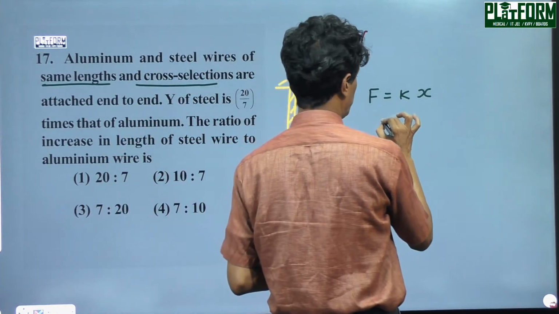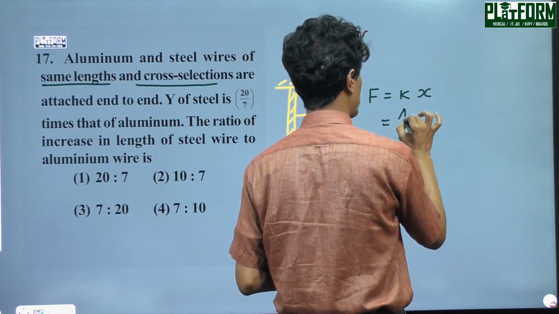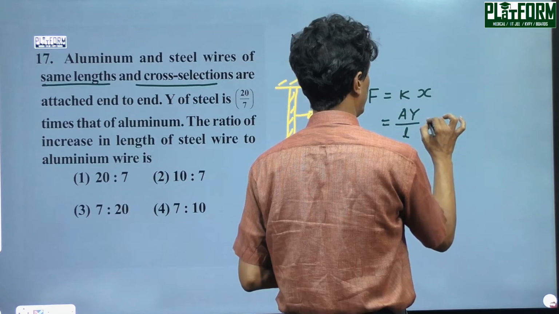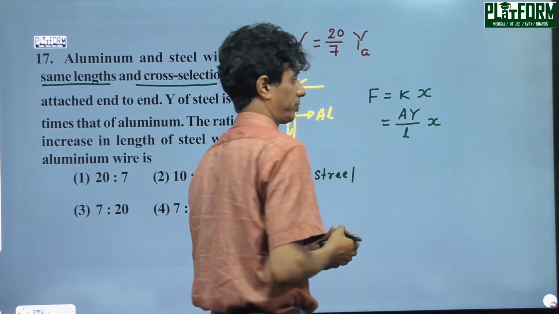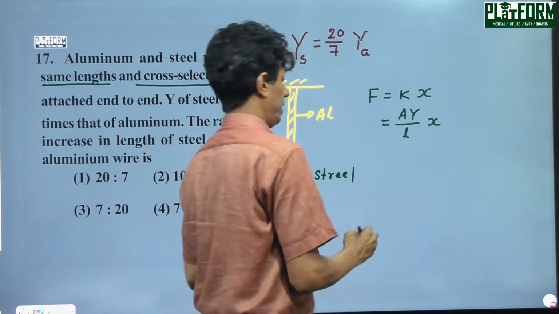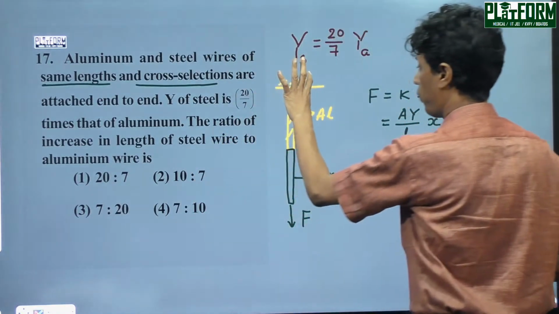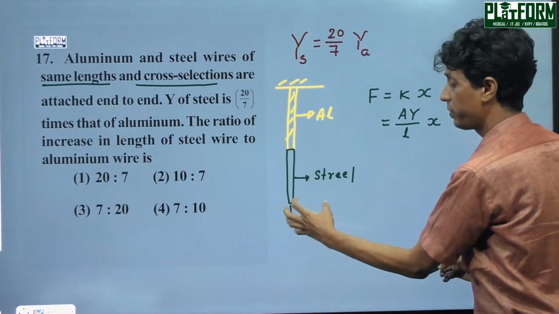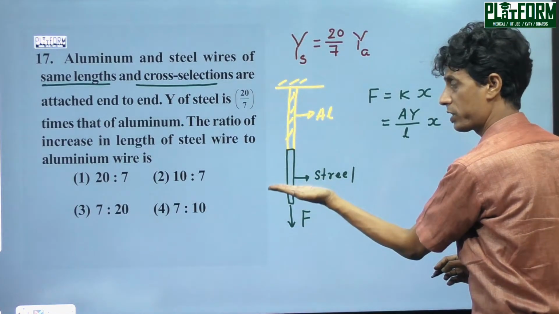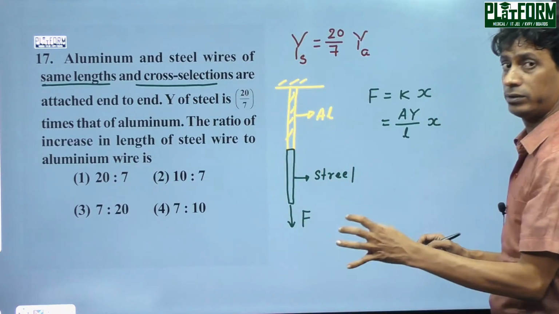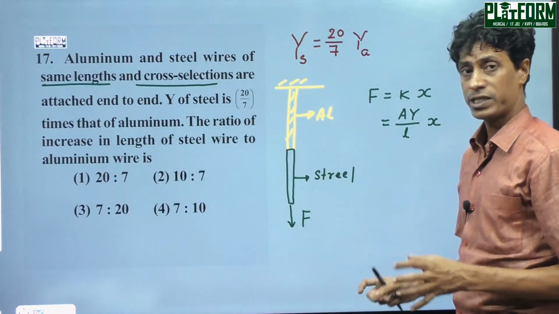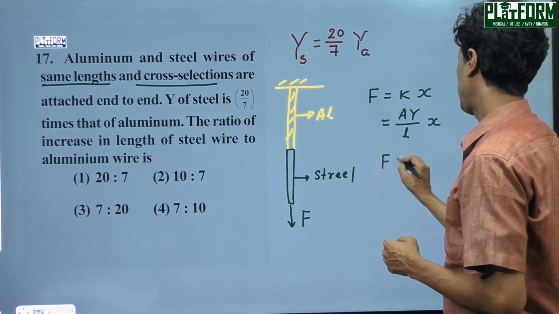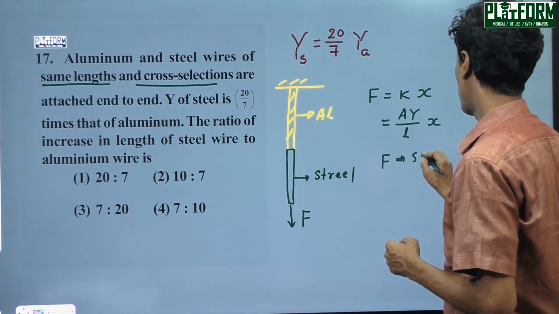And K, we already discussed the force constant, it is Ay by L. Here both the wires are under the same stretching force. F is the force applied at the lower end of this combination. So both the strings are under the same tension. So F is the same for both wires.